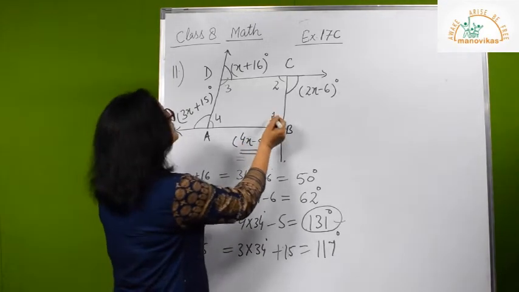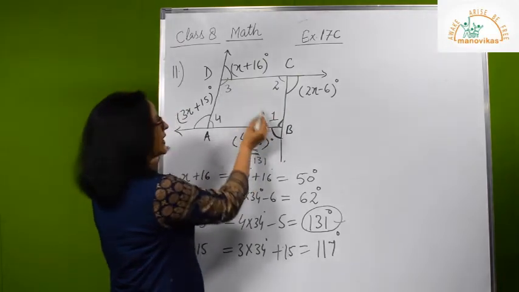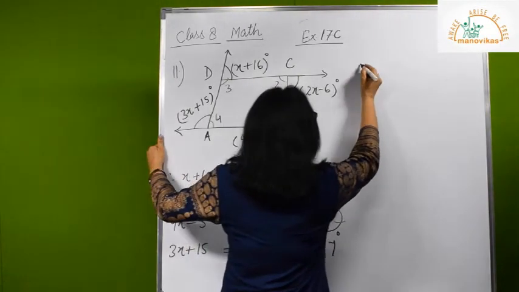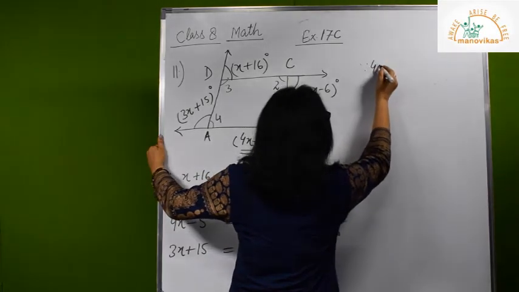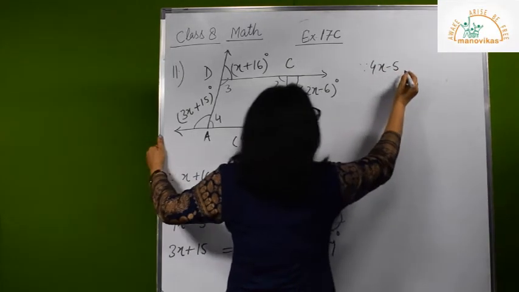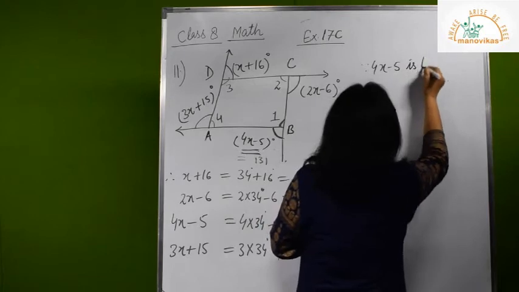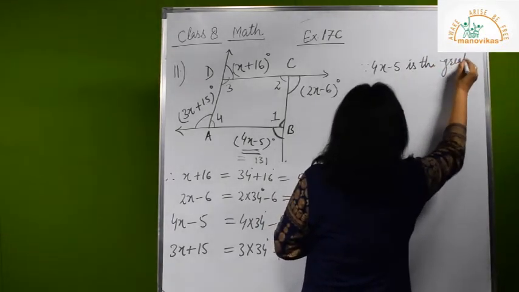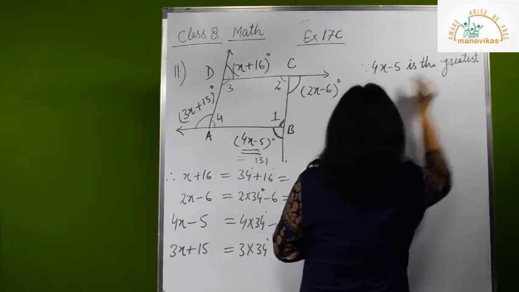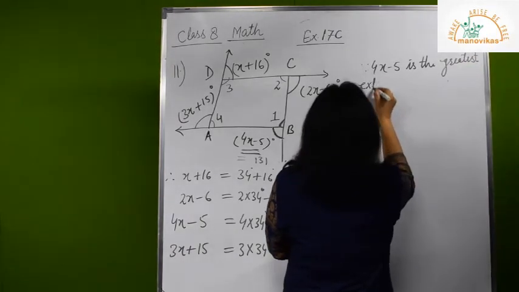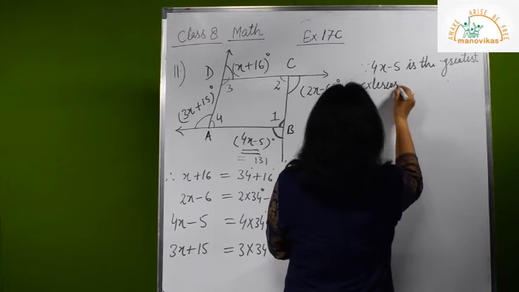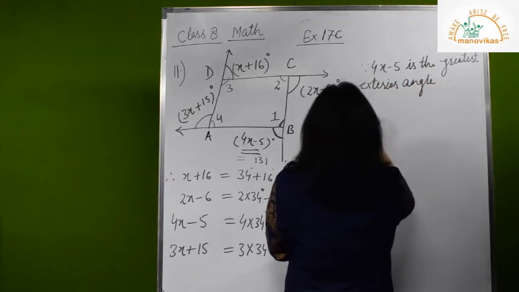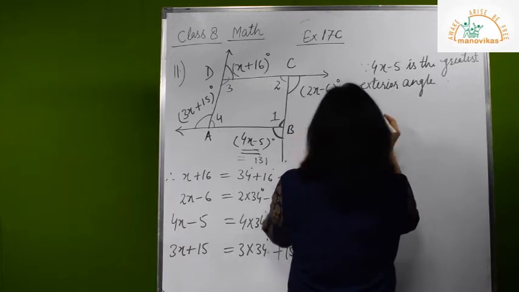So if we give 1, 2, 3, 4 as the interior angles of the quadrilateral, we can write here, since 4x minus 5 is the greatest exterior angle, therefore angle 1 will be the smallest.